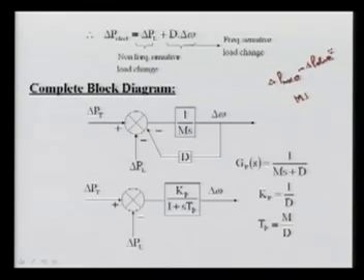Now this electrical component can be changed into two components. One is related with this non-frequency sensitive load, and another is frequency dependent load, that is D into change in omega or change in your frequency, that is a frequency sensitive load change.